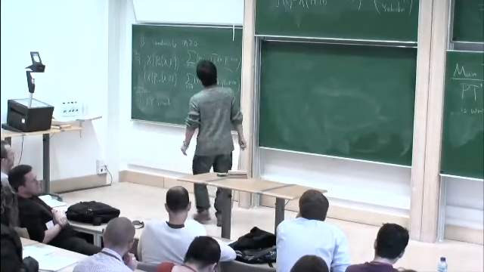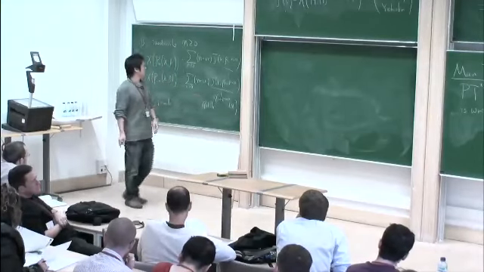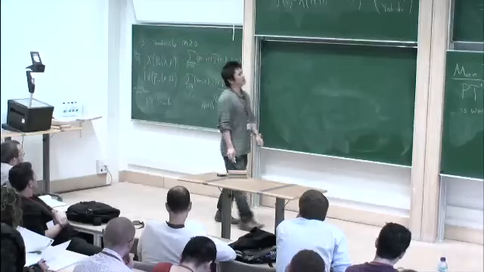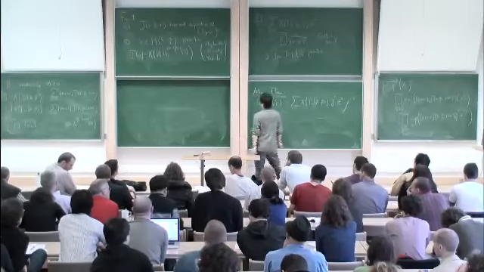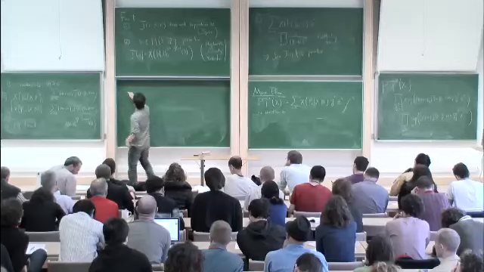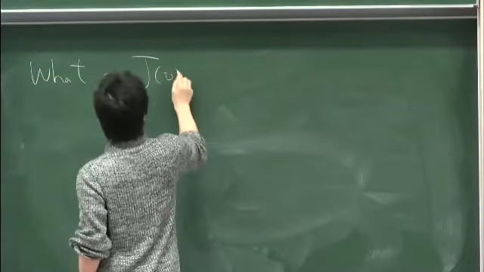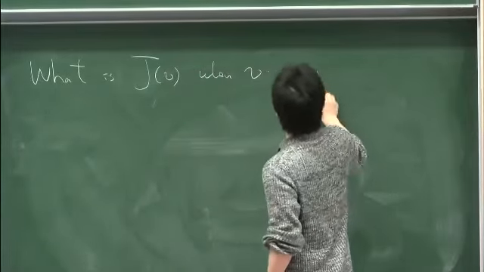And so this computation works because I know the invariant of J_V when V is primitive. But the problem is, what is the invariant of J_V when V is not primitive? So the question is, what is J_V when V is non-primitive?